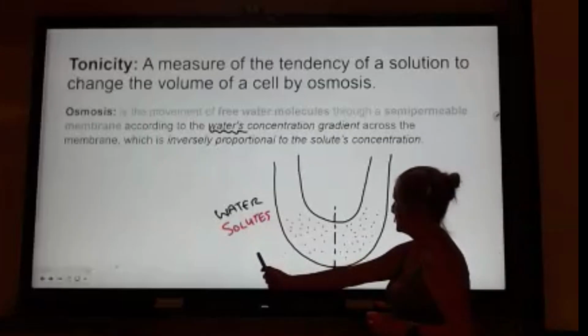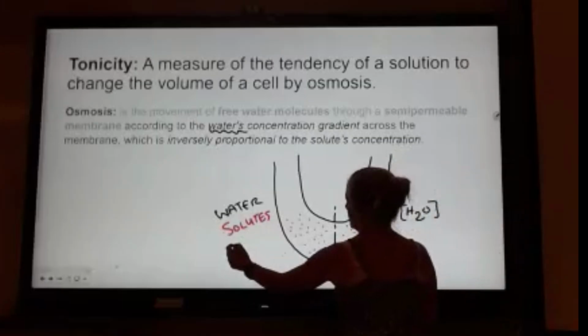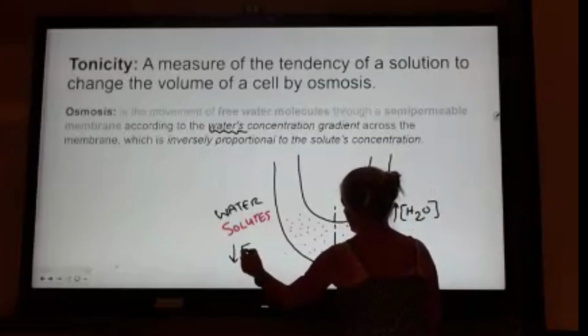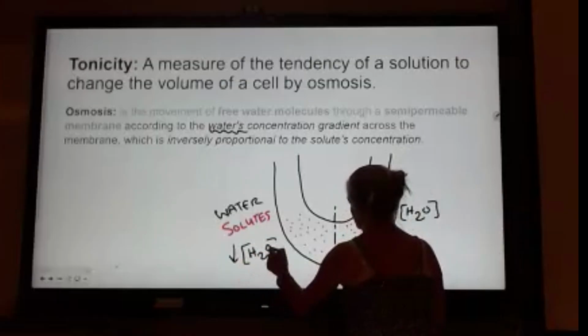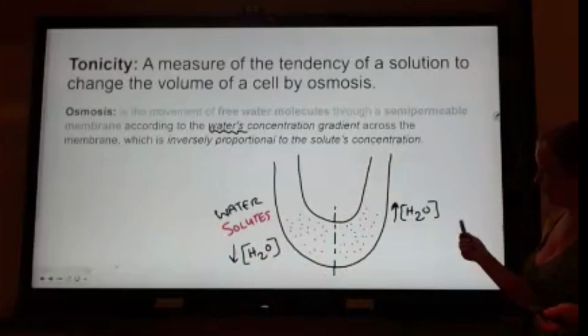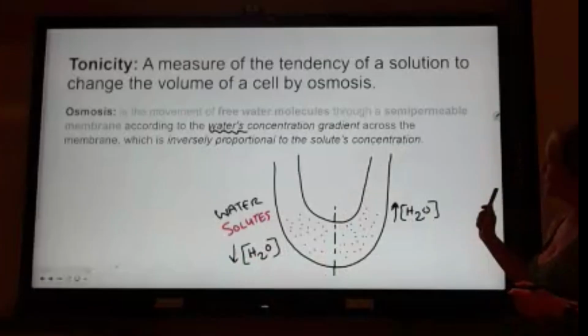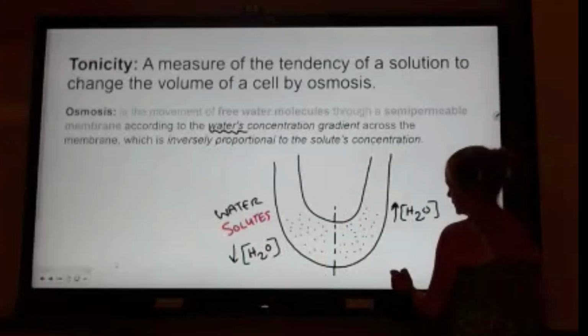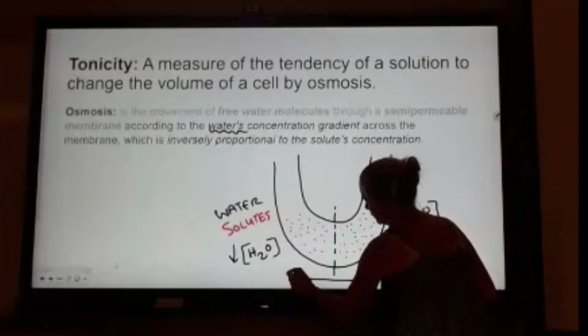On my left side, there's a low concentration of water. There's fewer black dots, right? So the net overall movement of our water molecules is going to go from the high concentration to the low concentration of the water molecules.